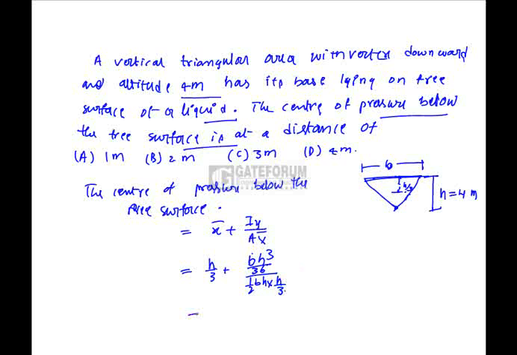By doing the mathematical calculations we get h by 2, that is 4 by 2, which is 2 meters. So the center of pressure below the free surface is going to be at 2 meters. Option B is correct.